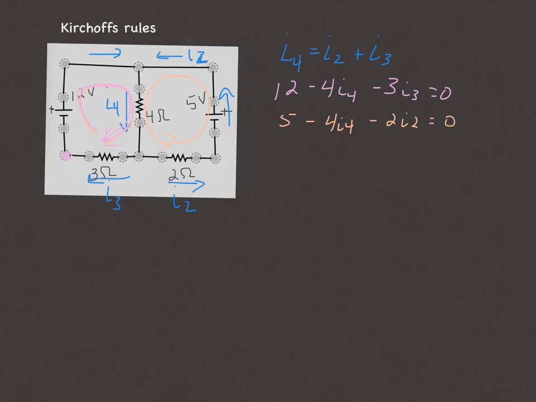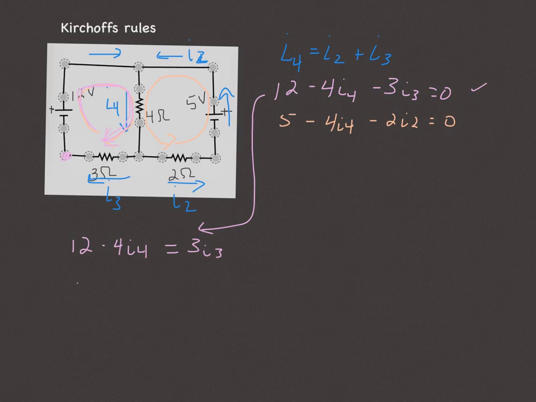So I'm going to take this equation here and I'm going to manipulate that for I3. Right? So I'm going to bring this one down in this area. All right, so I'm going to have 12 minus 4I4 equals 3I3.